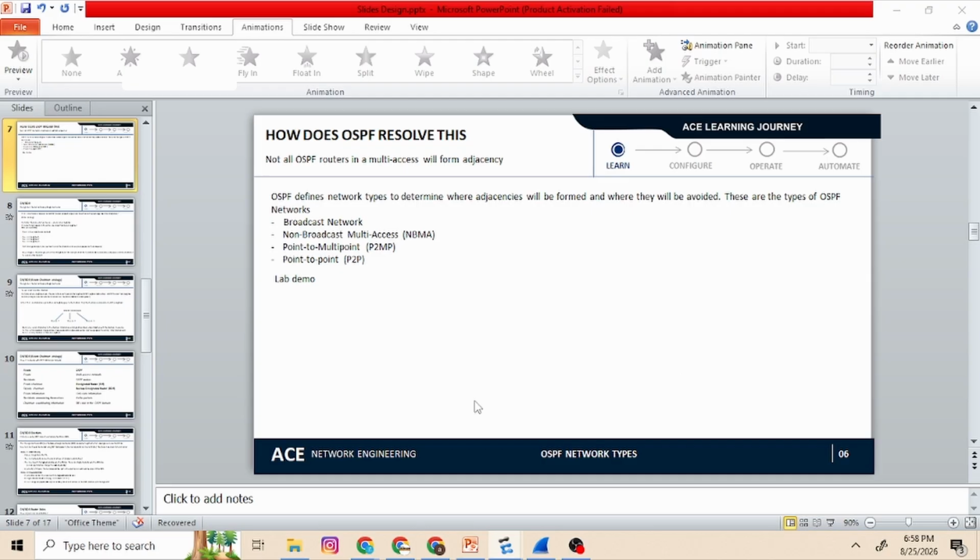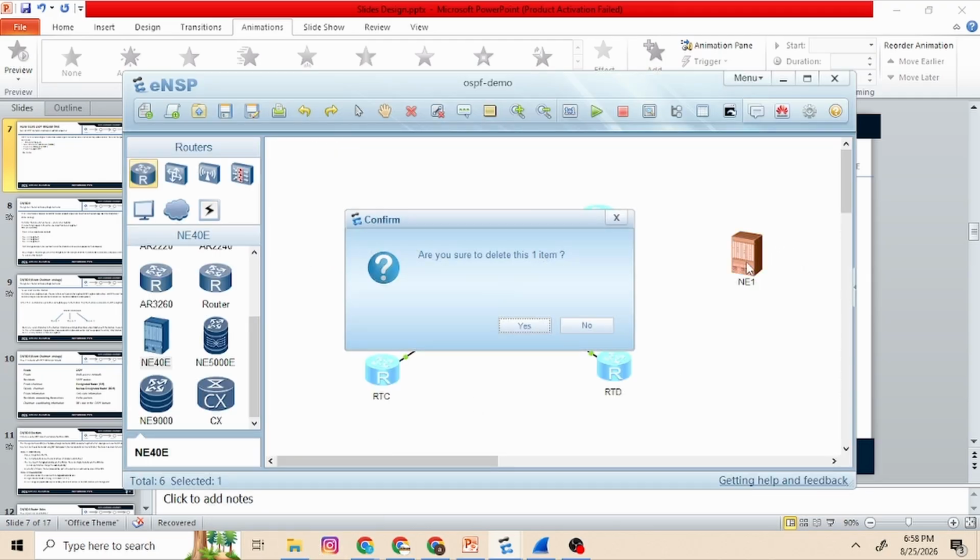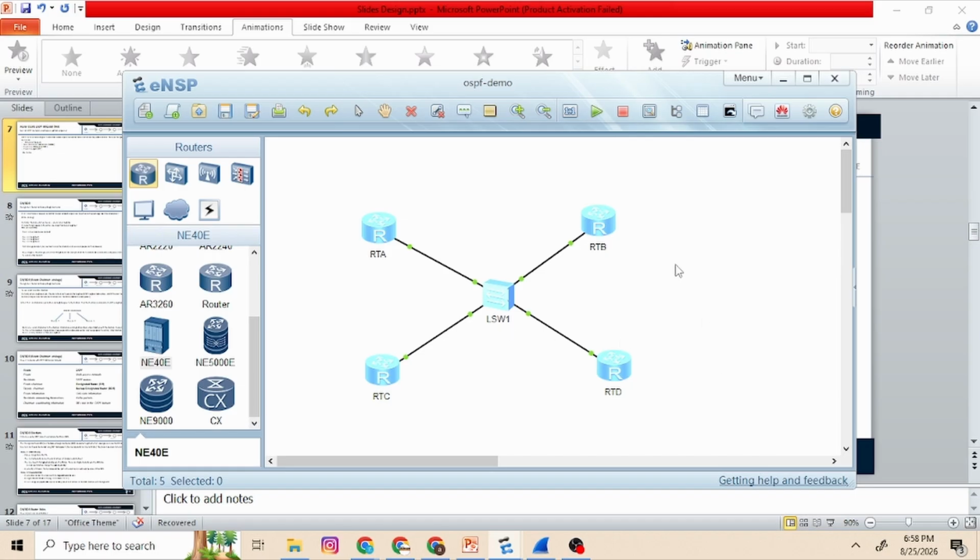In this case, we have an OSPF network that is multi-access. They are multi-access because they are using one network segment to establish an OSPF relationship.